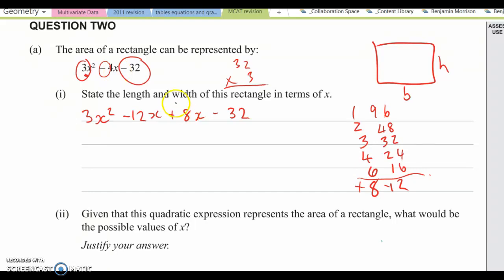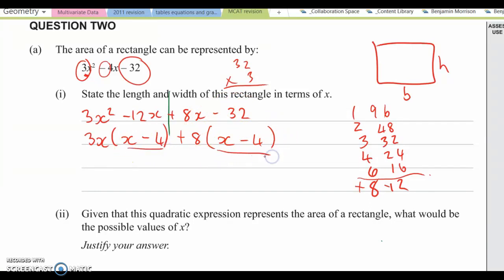I'm going to first of all factorize the first half and see what I get. 3x squared minus 12x, I've got a common factor of 3x, so it'll be 3x times (x minus 4). And in 8x minus 32, I have a common factor of 8. So if I take that out, I'll get in here 8 times -4, which will give me -32.